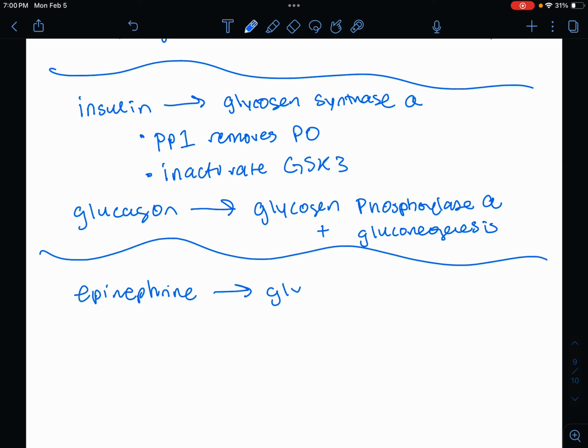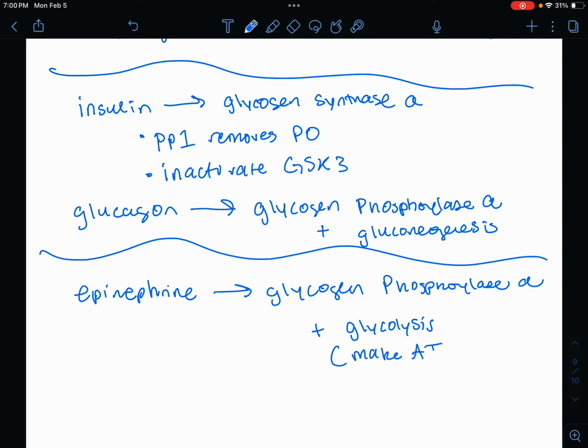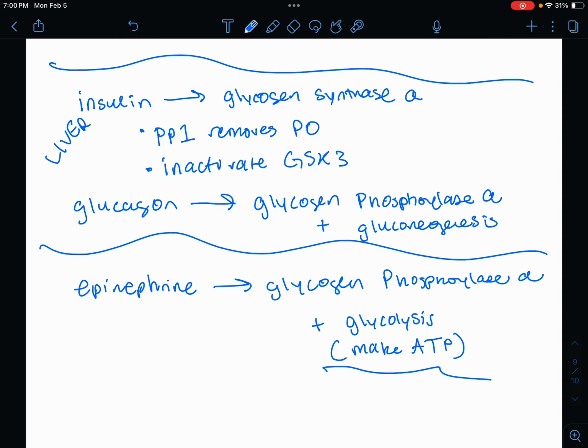So again, it's going to somehow affect glycogen phosphorylase A. However, we are going to have glycolysis because we want to make ATP. Once we break the glycogen and get our glucose, we want to use that glucose for something. In the liver here, remember, we're concerned with building either glucose or creating more glycogen for storage. However, in the muscle, it's all about making that ATP and powering up the system.